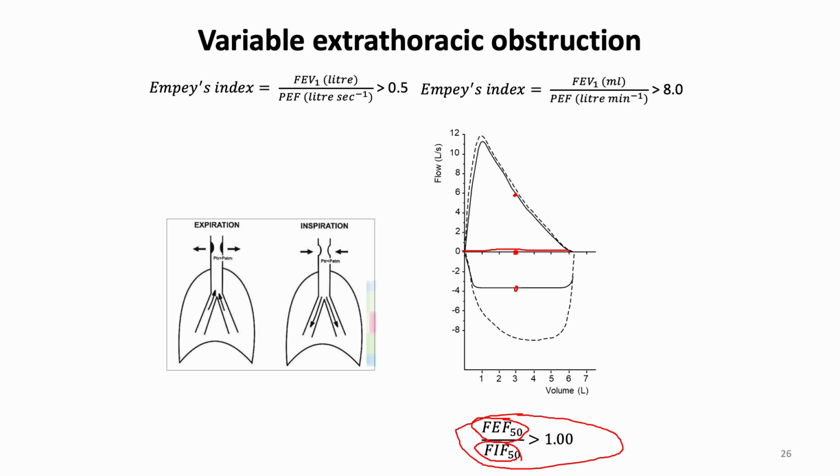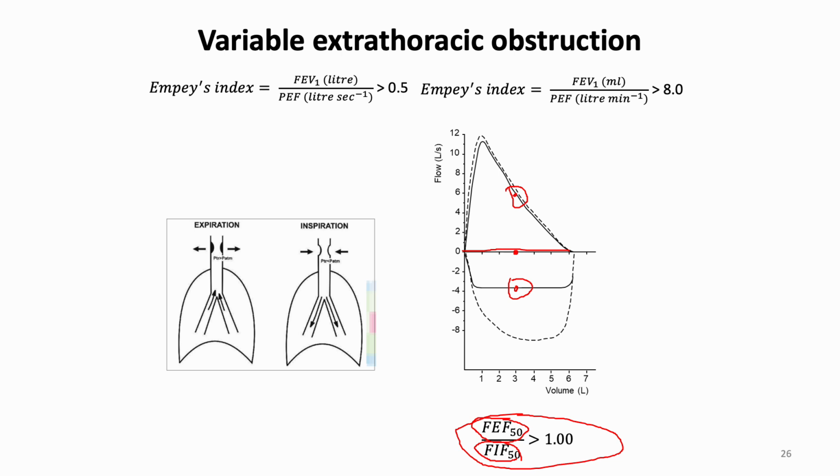And therefore, we get this configuration of the curve with a normal forced expiration curve, but a somewhat flat, we call it box-shaped, inspiratory curve. And we quantify that by calculating the ratio between the FEF 50 and the FIF 50, and if that value is higher than 1.0 or 100%, sometimes it's reported as percent, and in some cases they even use a cutoff value of 120%.